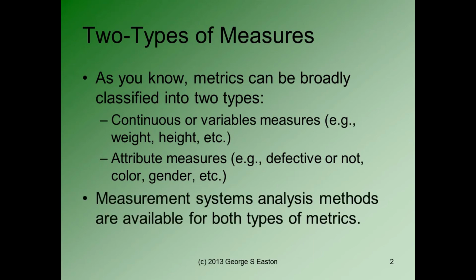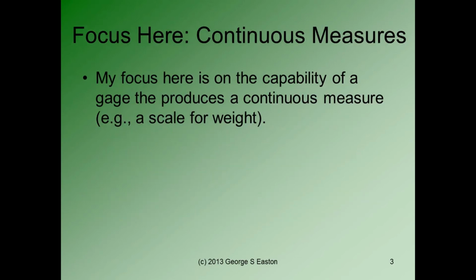Measurement system analysis methods are available for both continuous metrics and for attribute metrics. But the focus in this video is going to be on a gauge that is providing a continuous measure. So we're thinking about something like a scale for weight or a ruler or some other kind of measuring instrument that's going to measure length dimension.